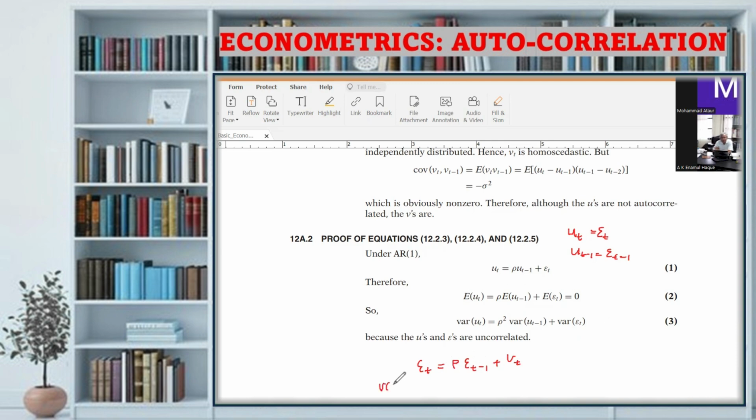So if I say variance of epsilon t, by definition it is the variance of rho epsilon t minus 1 plus nu t. Remember the logic.